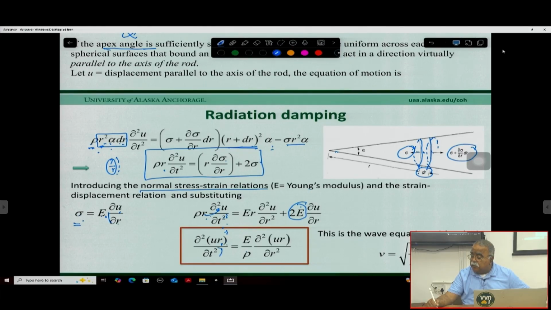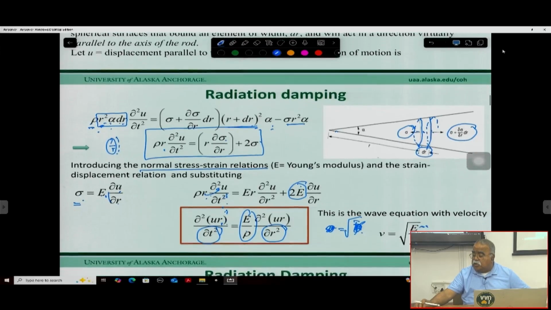So this is your time domain part, and this is the distance domain part. So this is also a wave equation, and it indicates the velocity. The velocity will be equal to the square root of E by rho. Sorry, this is the longitudinal wave velocity, E divided by rho, and you can calculate that number.